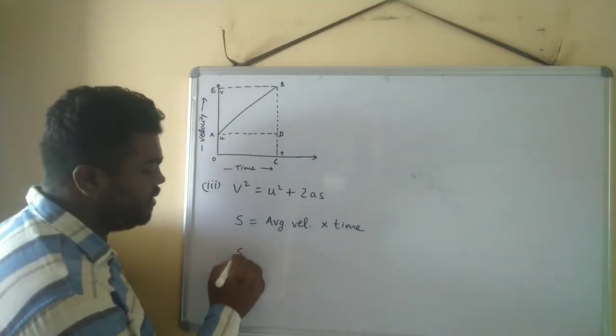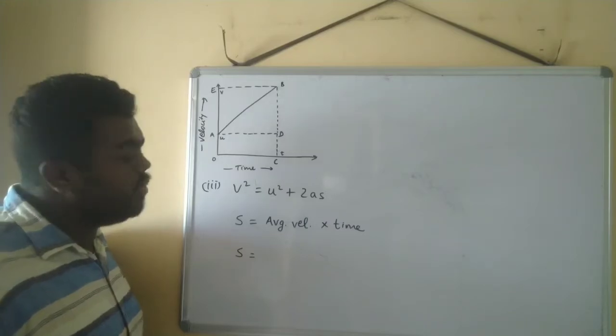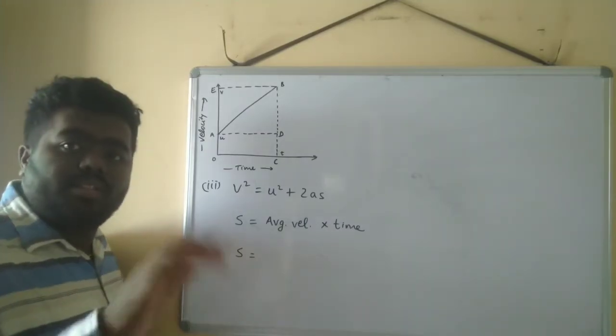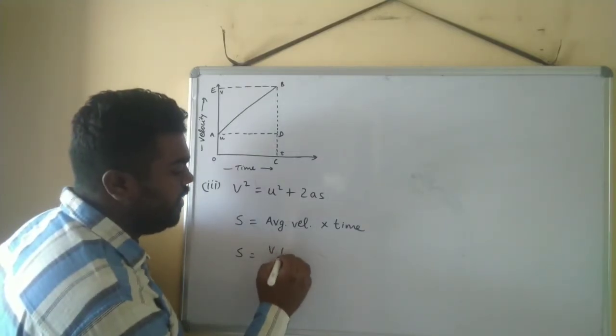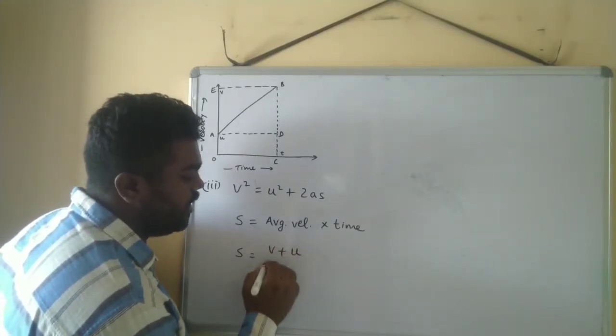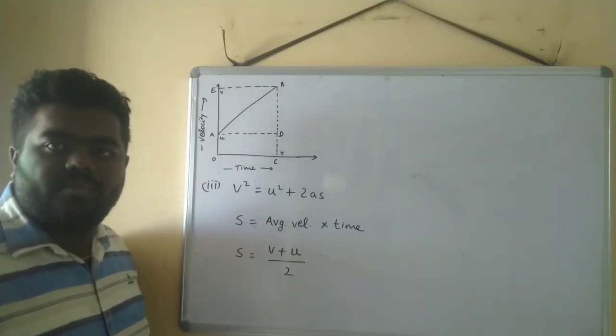Okay, now S is equal to average velocity. Average velocity, we have seen the formula, final velocity plus initial velocity divided by 2. Final velocity V plus initial velocity U divided by 2. This is the formula for average velocity.